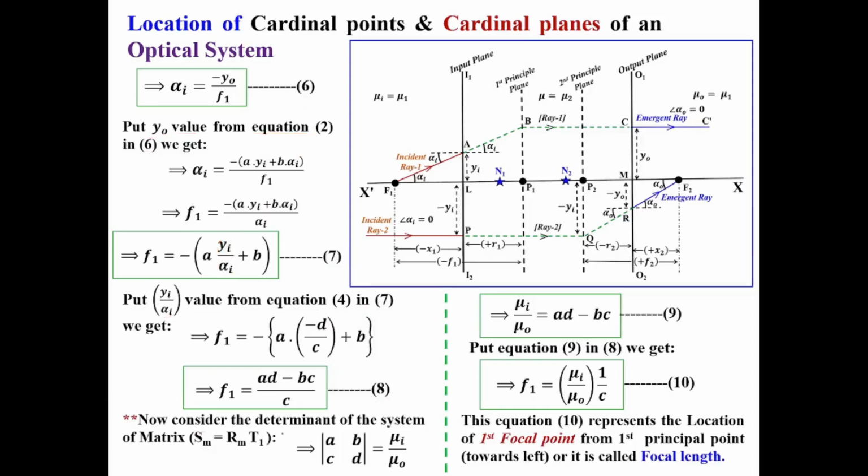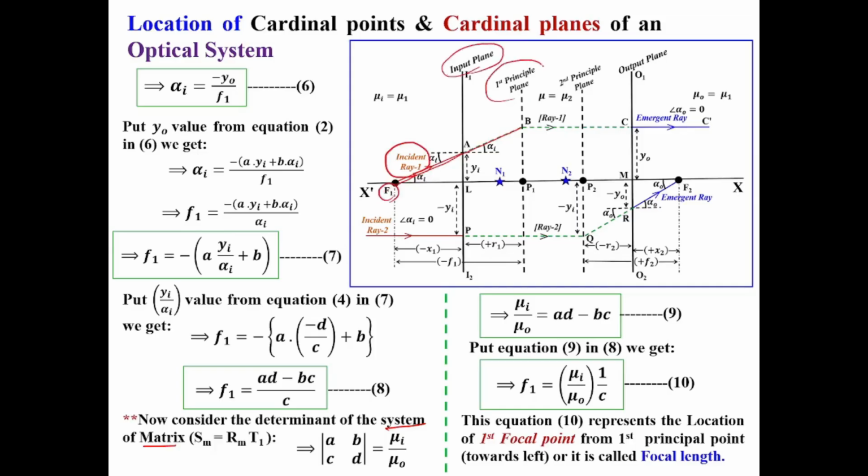Now consider the determinant of the system matrix of this dynamics. Here I marked this line with a star. Try to understand carefully. What is the dynamics? Here we considered this incident ray. This incident ray starts from F1, enters the optical system through this input plane.